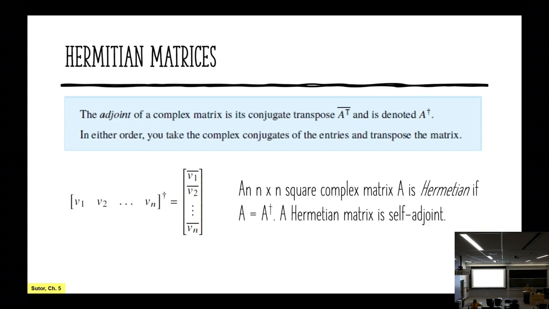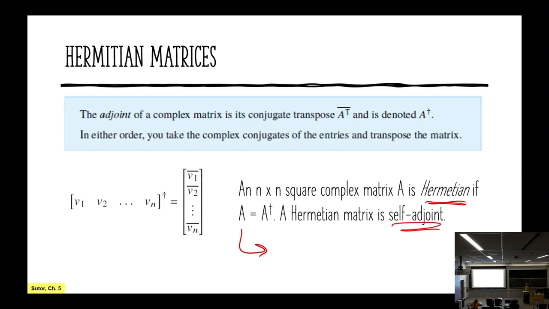An n by n square complex matrix A is called Hermitian if A is equal to its adjoint. So a Hermitian matrix is self-adjoint. Being Hermitian for a complex matrix is the same as being symmetric for a real matrix.